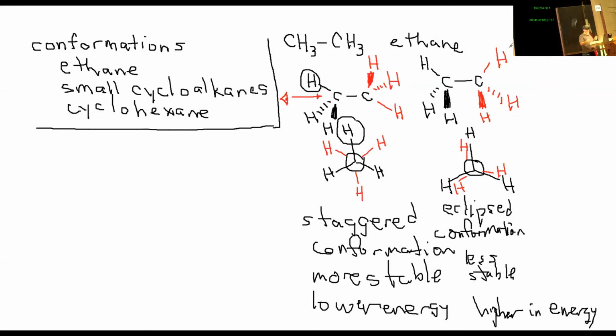So having done with ethane, let's now move on to cycloalkanes. And again, in terms of naming them, it's pretty similar to naming alkanes. I would say if you know how to name alkanes, you know 95%, maybe even 97 or 98% of what you need to know in order to name cycloalkanes.